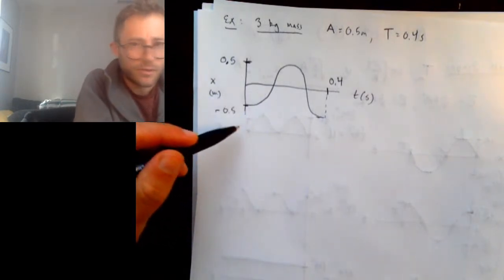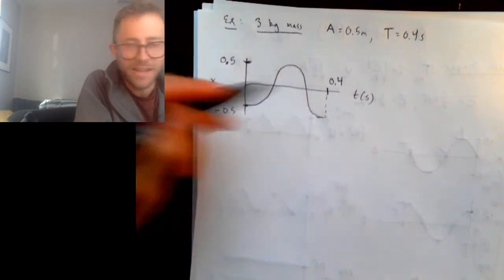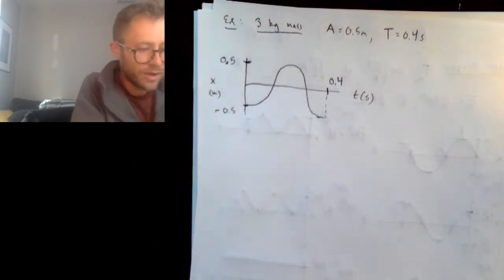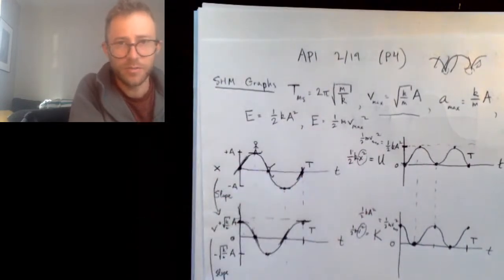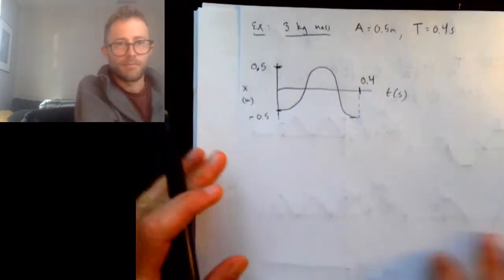Another thing you want to notice is that this graph is representing negative cosine. So your position graph isn't always going to be sine. It could be cosine, it could be negative cosine, it could be negative sine.